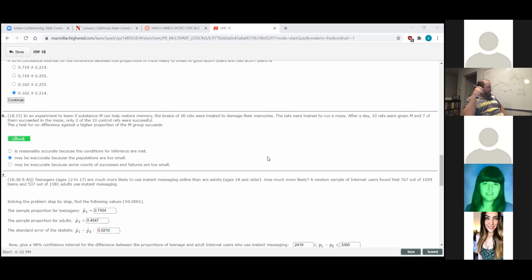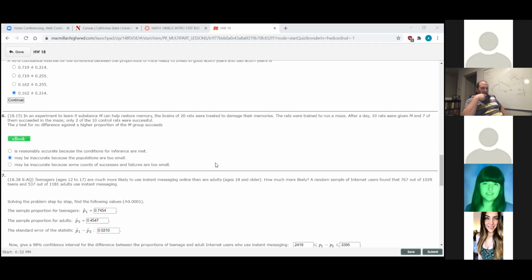Well, so we have rules, right? The number of successes and failures has to be large enough, correct? Mm-hmm. And we have how many successes? Only 2 out of 10. 2 out of 10 is certainly not large enough. Yeah. And the populations are small as well.